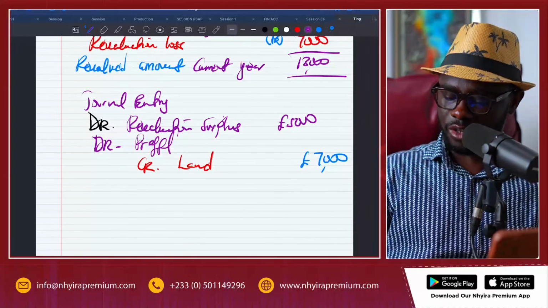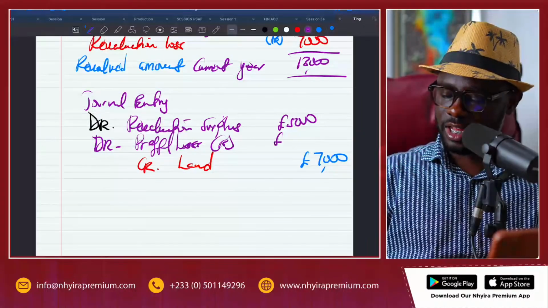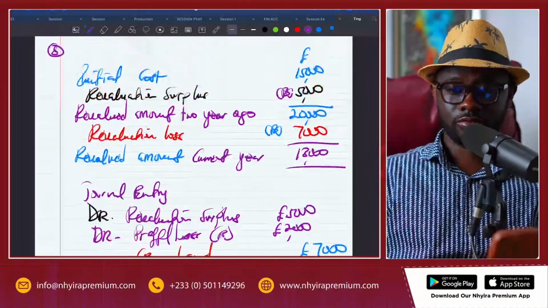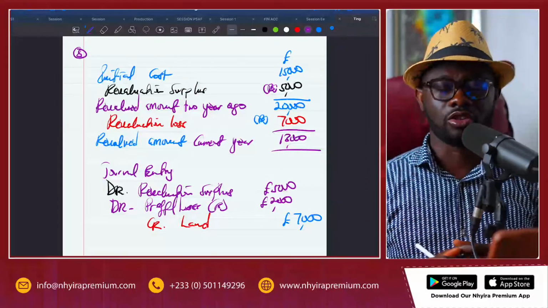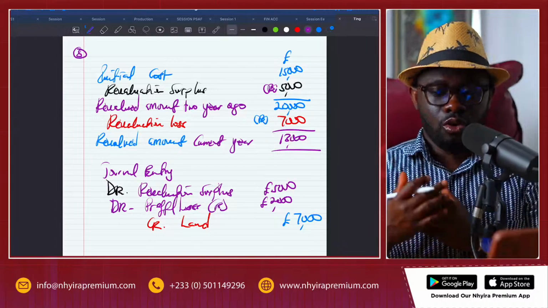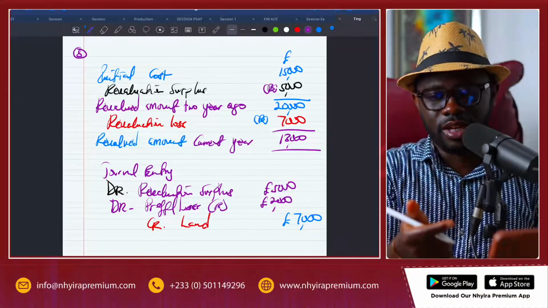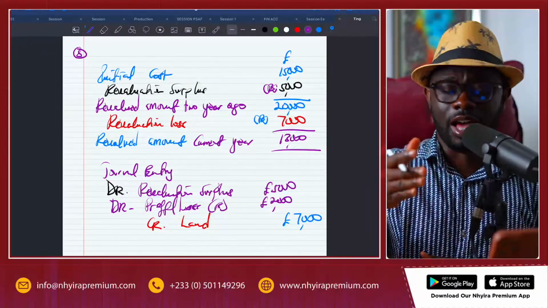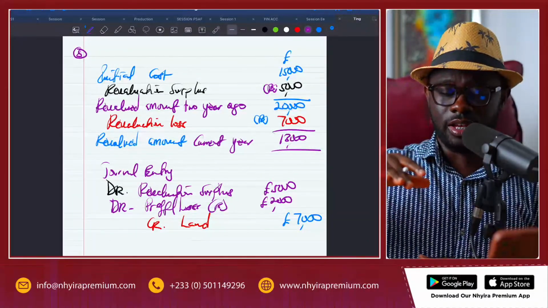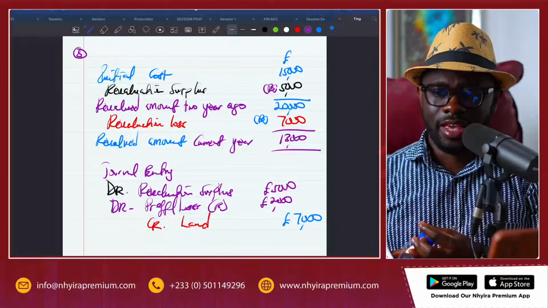So we debit profit or loss with a balancing figure, and that's going to be £2,000. This is what we are talking about. So we revalue the asset. Now, there is another level of treatment that we need to understand where there is an annual transfer, and I'm going to be illustrating that in a moment. But we could have an annual transfer in that case.